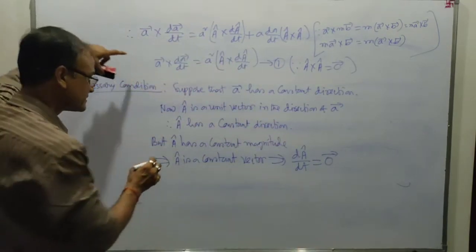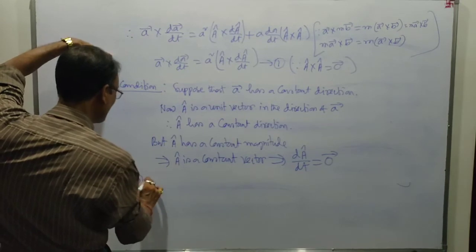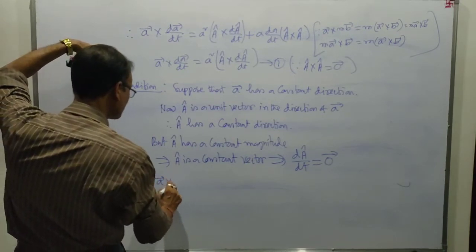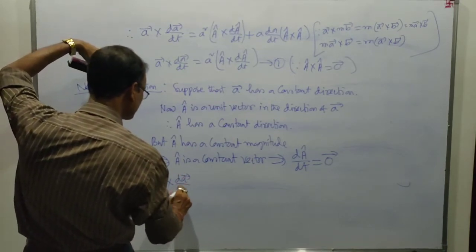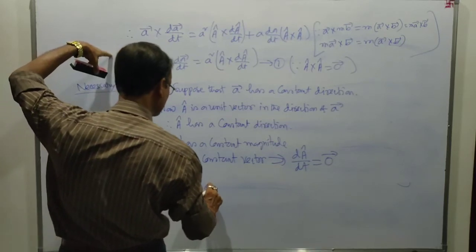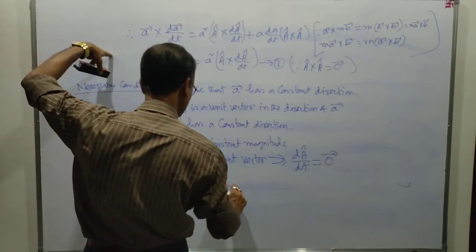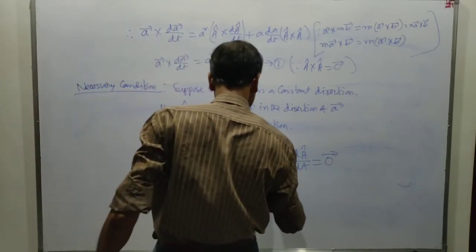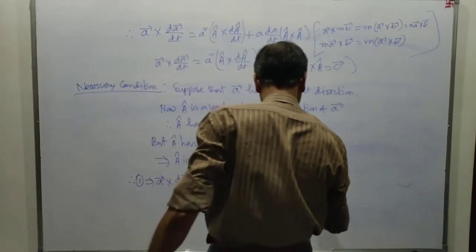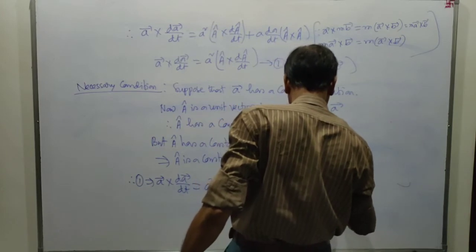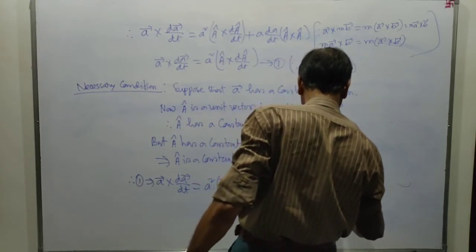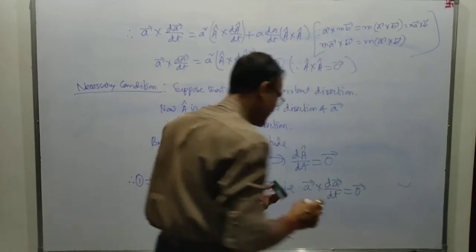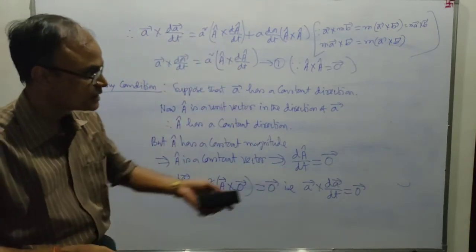Therefore, from 1 you will get A vector cross dA vector by dt equal to A square A vector cross 0 vector. You may write like this. This is equal to 0 vector. That is, A vector cross dA vector by dt equal to 0 vector. We have proved the necessary condition.